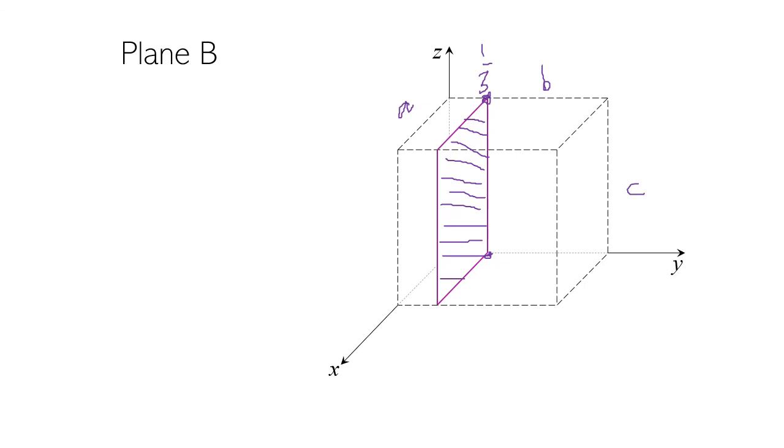So this projection length along y-axis, so this length, is B by 3, and there are no projections on x and z axis because the plane is parallel to them. Hence I can write in terms of lattice parameters. If the plane is parallel to an axis, then the projection is infinite for that axis.